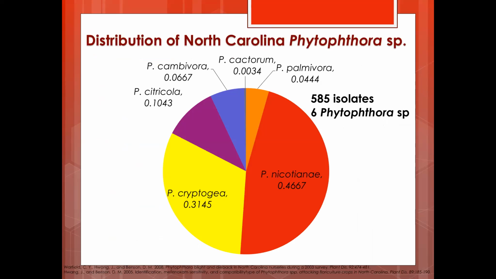So this comes down to what Phytophthoras do we have in addition to sudden oak death, and a lot of it depends on where you're looking and where you live. A study done by Colleen Warfield and Mike Benson showed that there were only 6 species of Phytophthora that they isolated, with almost 600 isolates coming out of nurseries. They looked in one type of area, and came up with 6 different species.